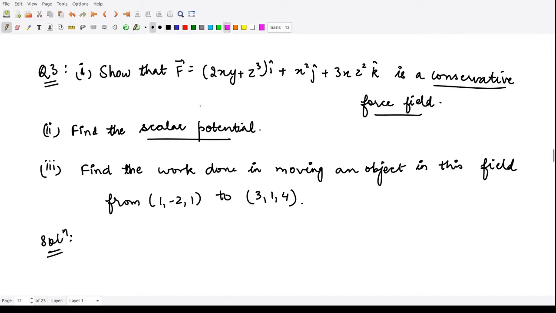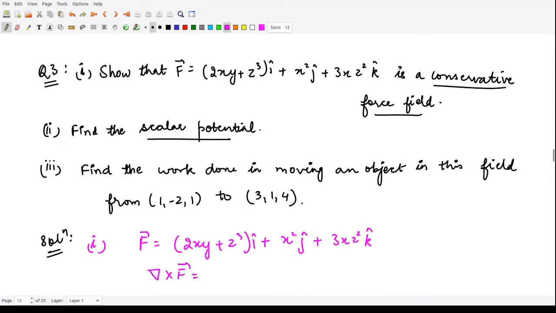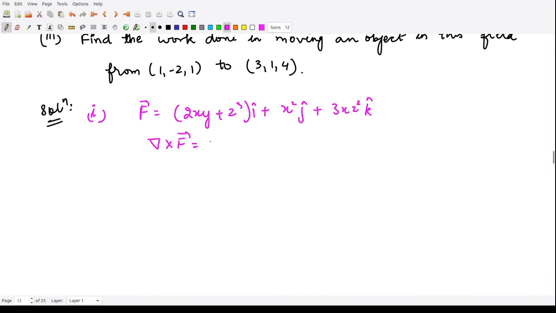For the solution, first of all, let us prove that this is a conservative field. Our vector F is given to be (2xy plus z cube) i cap plus x square j cap plus 3xz square k cap. We are to calculate the curl of this vector, and you know very well how to calculate this curl.